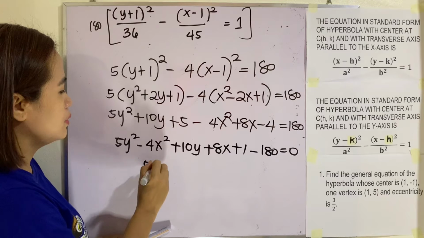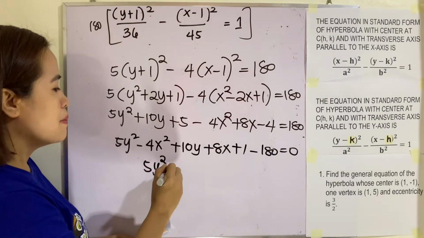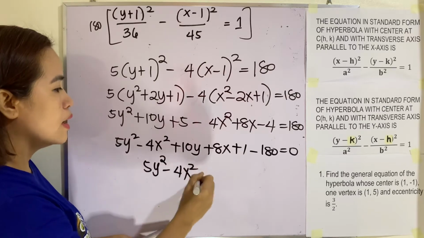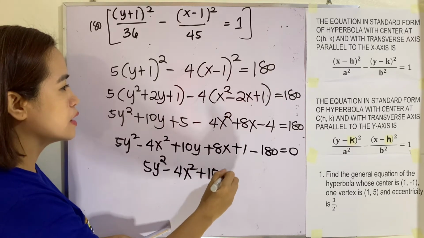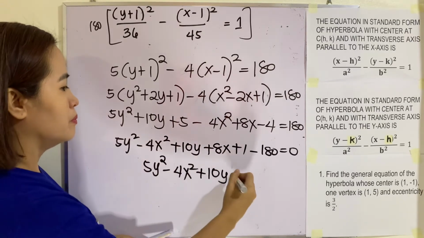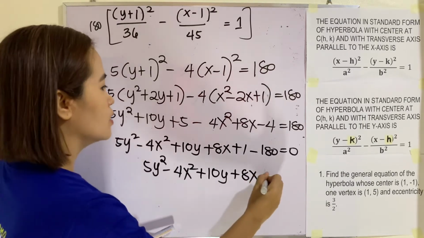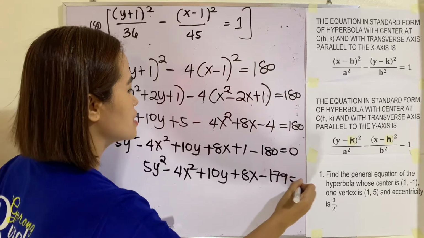So finally, we have 5y squared minus 4x squared plus 10y plus 8x minus 179 is equal to 0.